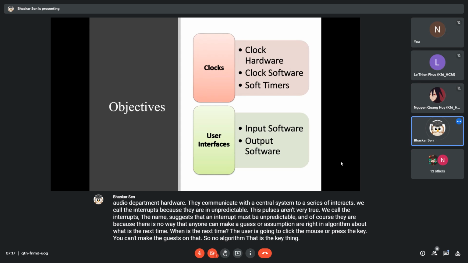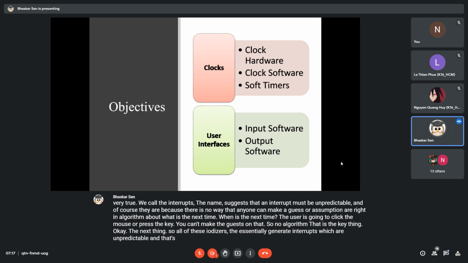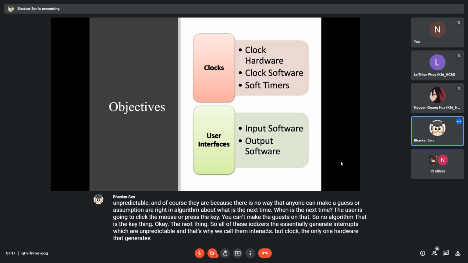The next thing, all of these I/O devices essentially generate interrupts which are unpredictable, and that's why we call them interrupts. But the clock is the only hardware that generates periodic and predictable interrupts, because that is why it is a clock.